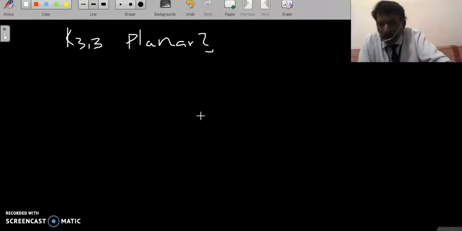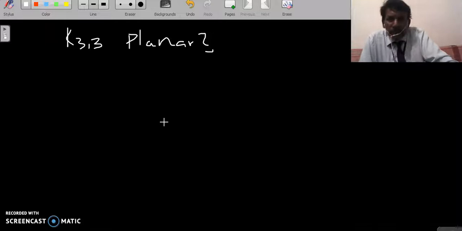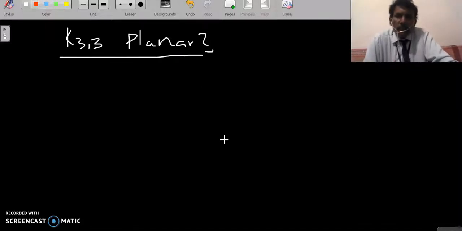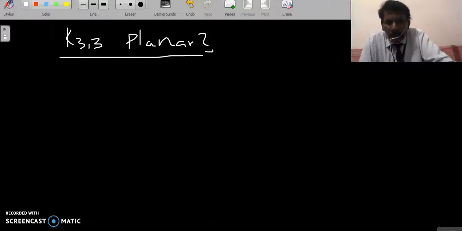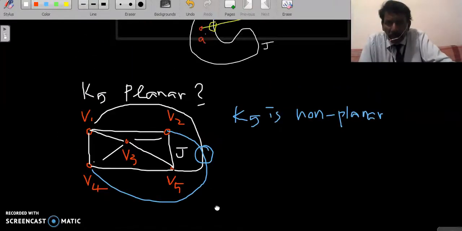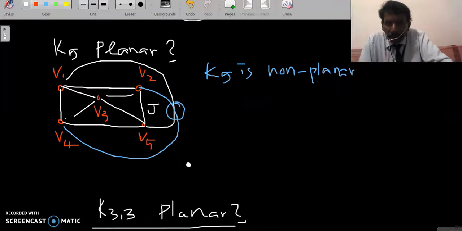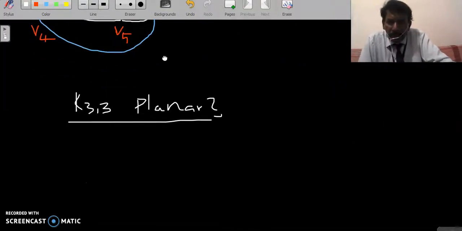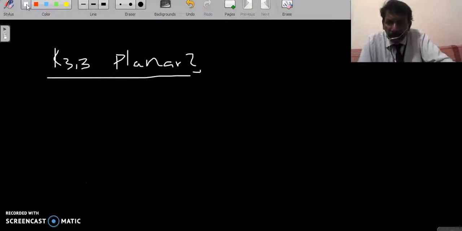This is another theorem. In a similar way as we did previously, it is possible to prove whether it is planar or not.